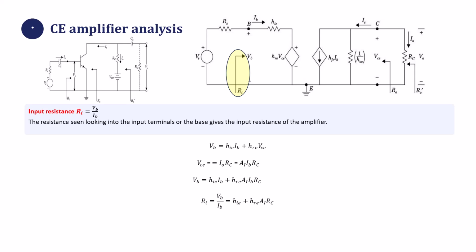We already know VCE equals AI times IB times RC, from the current gain result. Substituting that in and dividing through by IB gives Ri equals HIE plus HRE times AI times RC. Physically, this says the input resistance is mostly set by HIE, with a small correction term coming from the feedback parameter HRE.